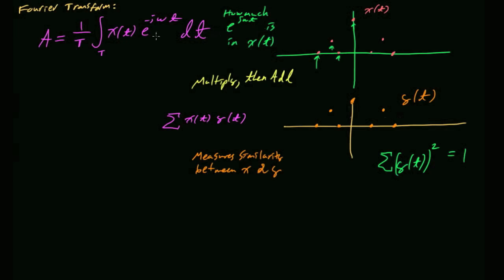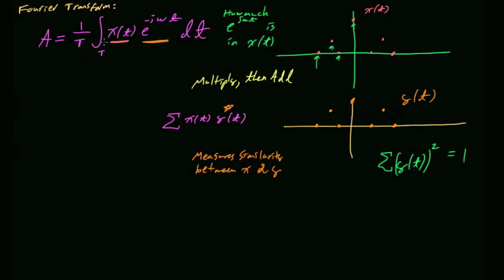Just like in my little hand-waving example, I take x of t and multiply it with, it turns out this only works if you don't use e to the j omega t, you have to put its complex conjugate there. So it's not just x times y, it's x times y conjugate. You multiply them against each other, and then you integrate across all samples.